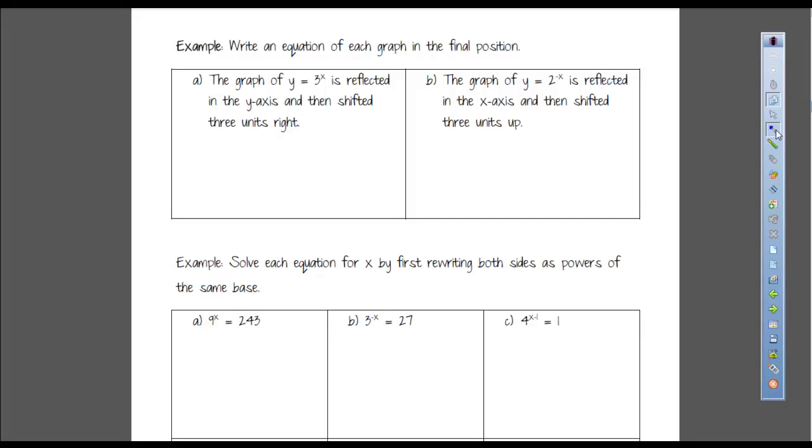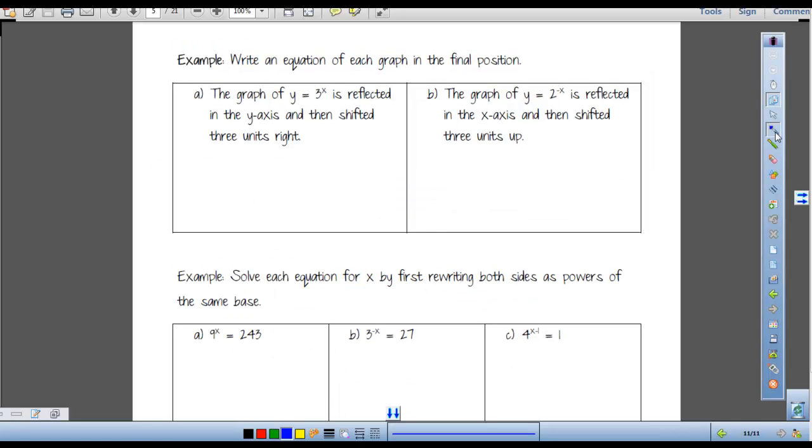Okay, so if we reflect in the y-axis, our vertical axis, that means we're going to flip it over this way. So what becomes negative, the x values or the y's? The x values, right? So our new function is going to look like y equals 3 to the negative x.